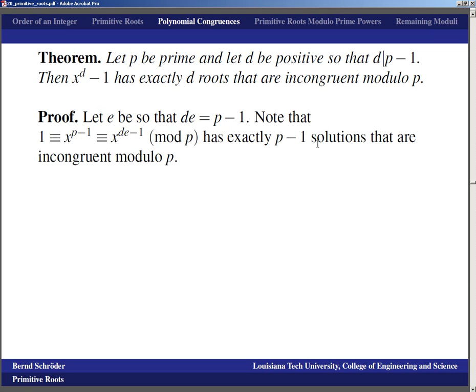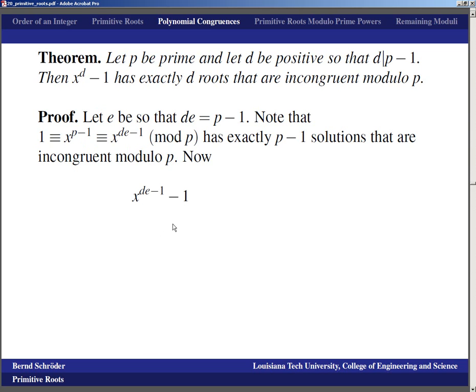And that thing has exactly p minus 1 solutions that are incongruent modulo p. And that is because p is a prime number, and so we find a primitive root modulo p and rotate that thing through, and that would give us p minus 1 here.